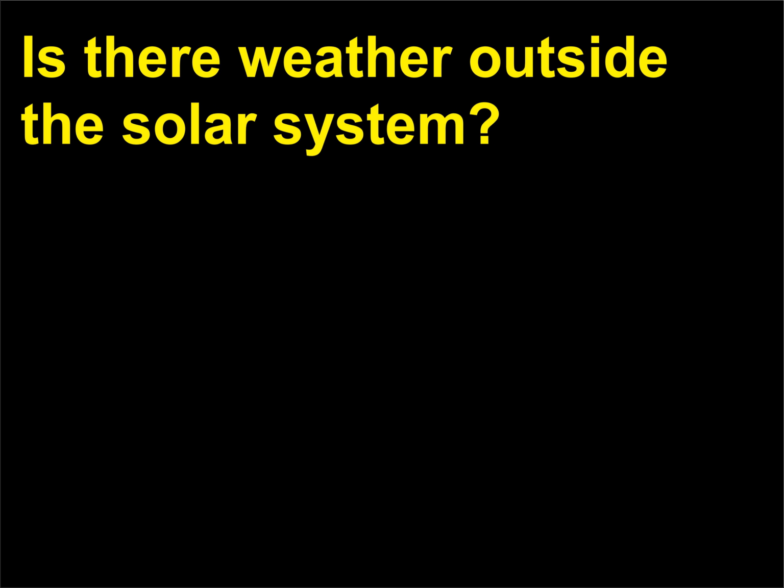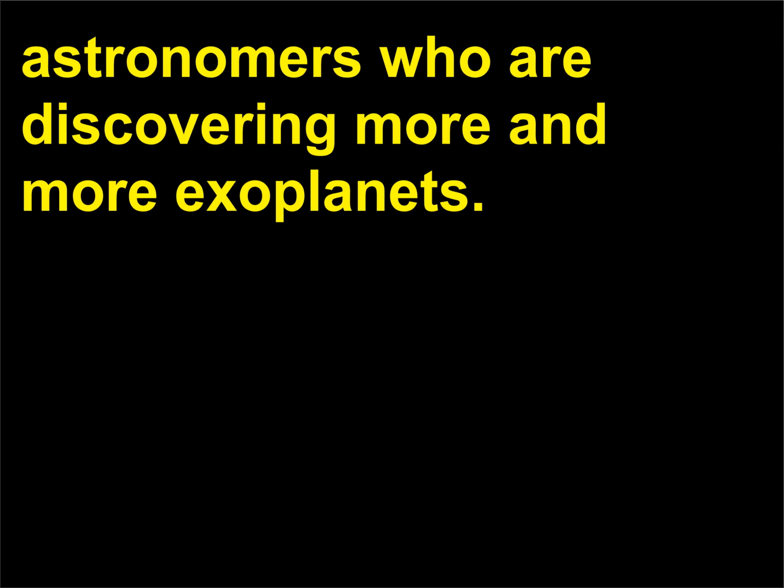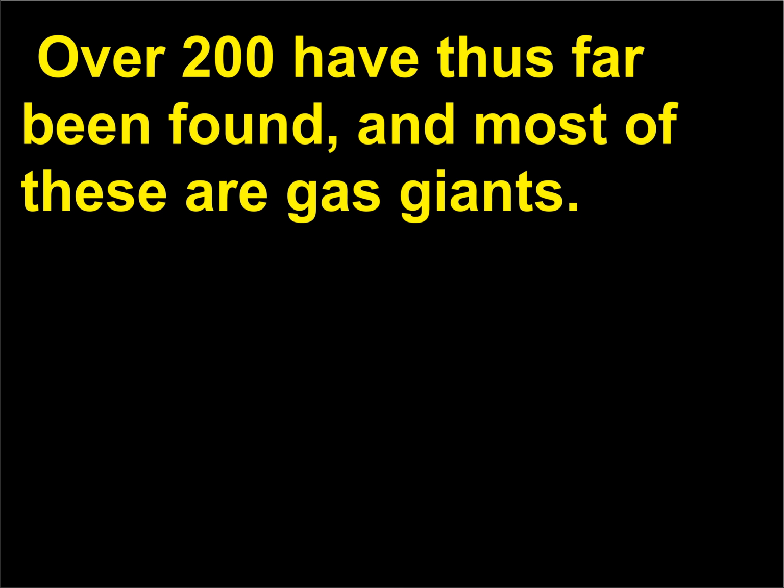Is there weather outside the solar system? In recent years there has been a flurry of activity among astronomers who are discovering more and more exoplanets. Over 200 have thus far been found, and most of these are gas giants.